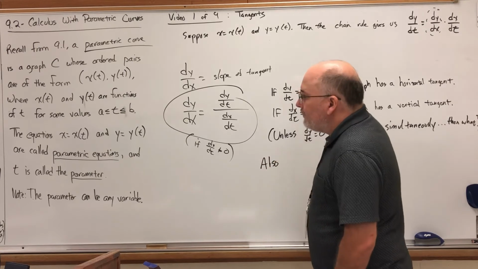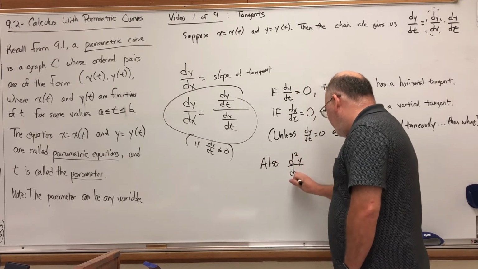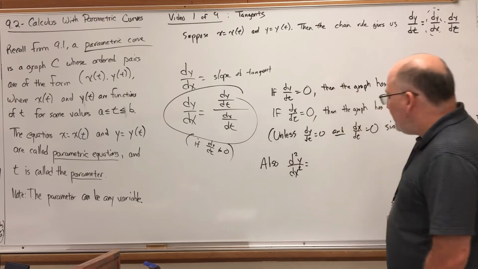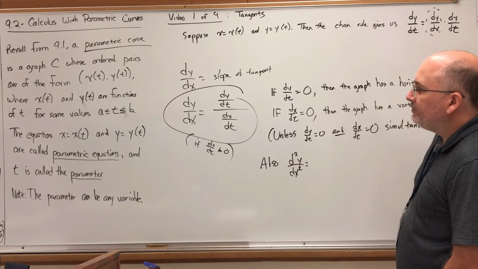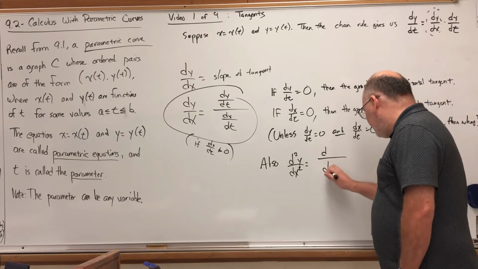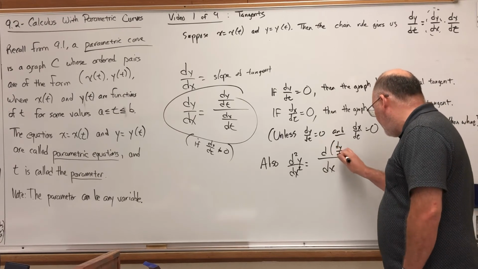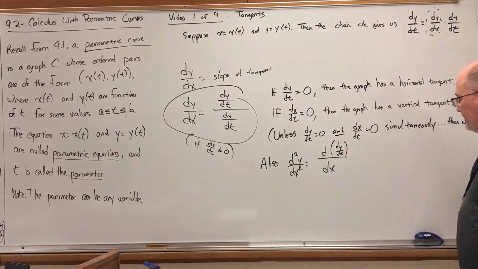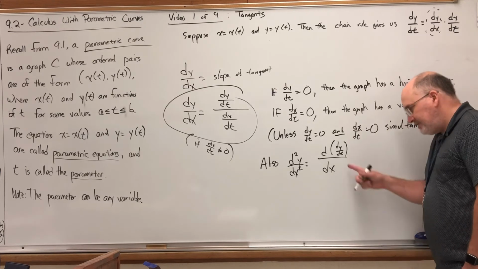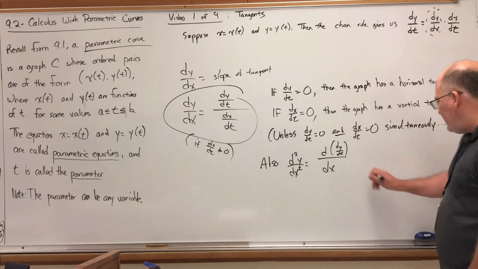So how can we find a formula for the second derivative, which we could write d2y over dx2? Well, think about what it means to take a second derivative. It means to take the derivative of the first derivative. So it would be the derivative of dy dx. But we're doing everything in terms of t.